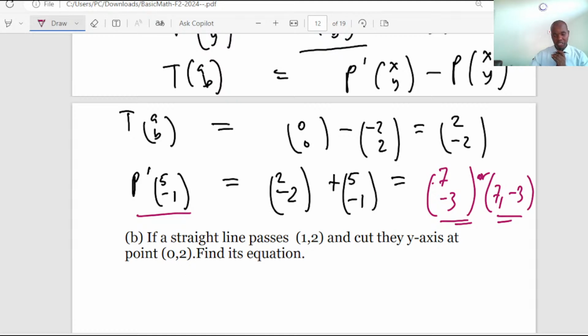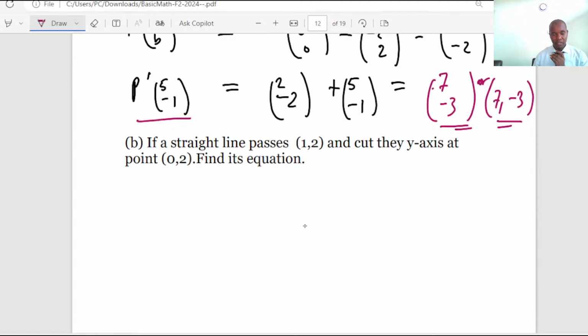We go to question number 6B. It is a coordinate geometry question. As we can read it, if a straight line passes through 1, 2 and cuts the y-axis at point 0, 2, find its equation.